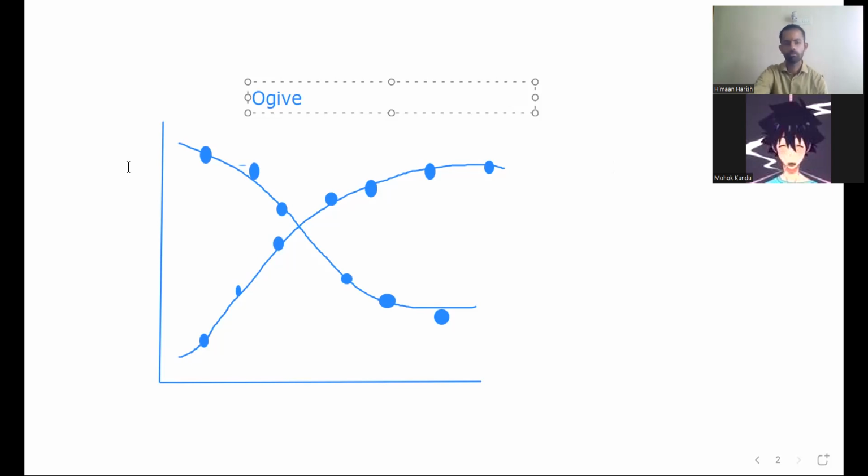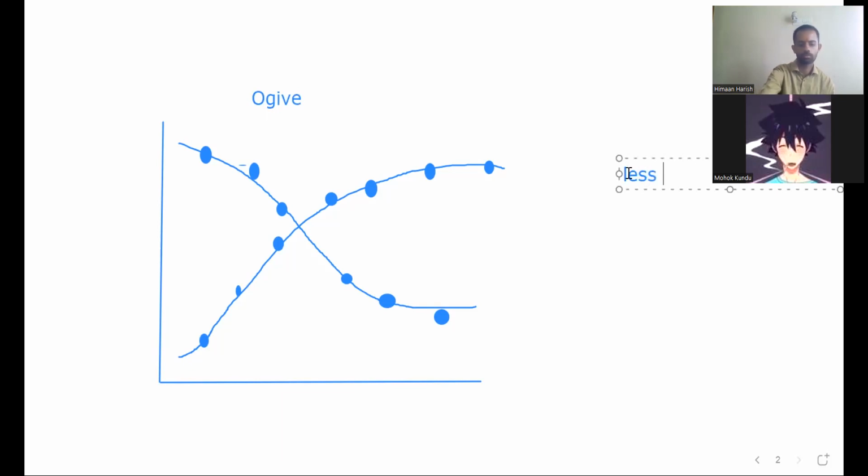There's the less than ogive. Another one is the greater than ogive.